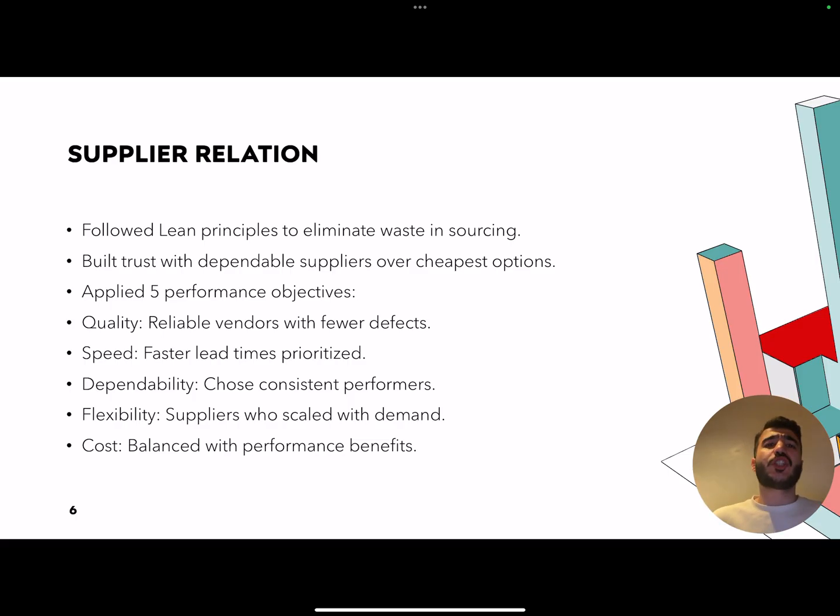Rather than choosing cheaper suppliers, I prioritized trust and consistency, which aligns with Christopher in 2016, who said strong supplier relationships underpin agility and responsiveness. This was especially evident when orders needed to be received quickly to avoid production delays. I used the five performance objectives of Slack, which are quality, speed, dependability, flexibility, and cost.